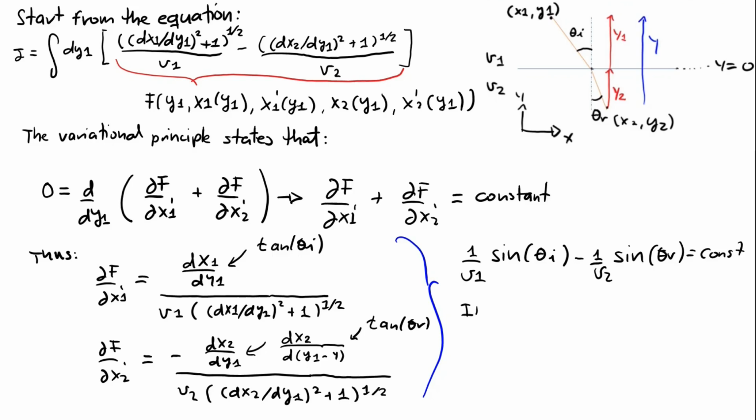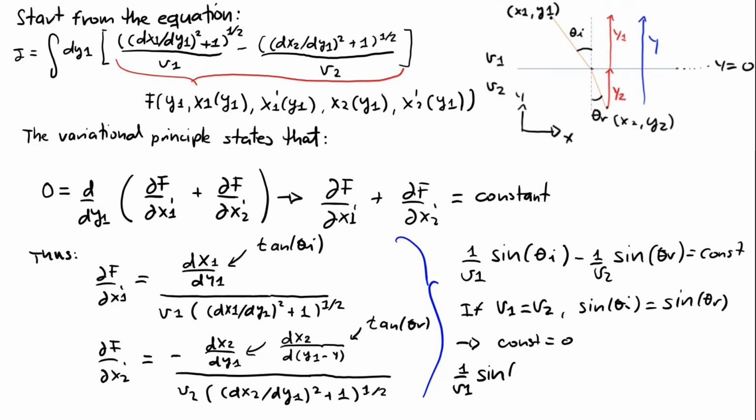This constant must be obtained from physical conditions. If the speed of light is the same in both mediums, then the angles must be the same and the constant is 0. This way, we can rearrange the equation and multiply both sides by the speed of light in vacuum, that is c, to obtain Snell's law.